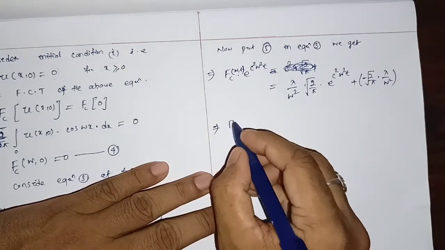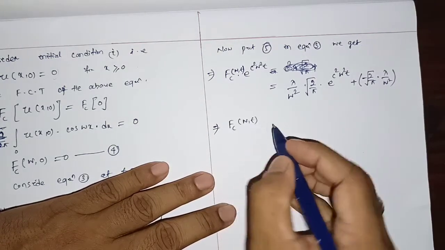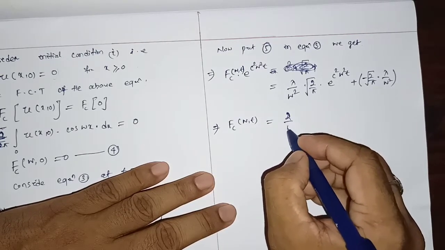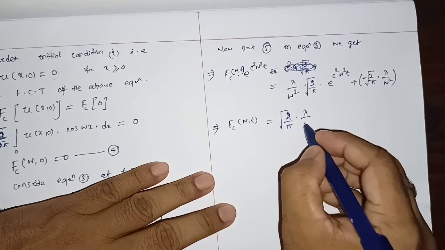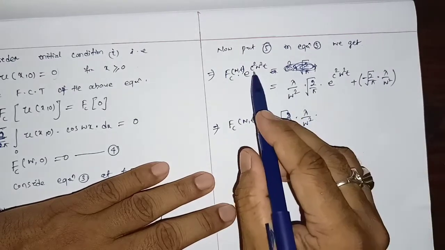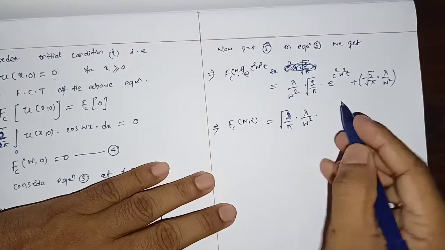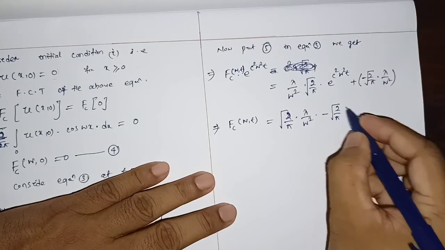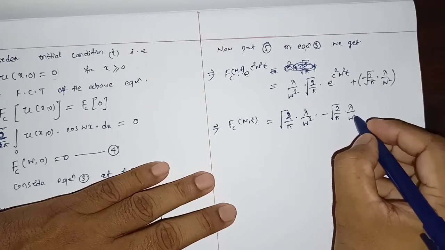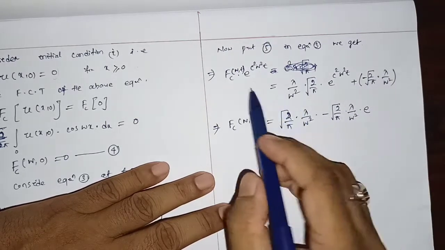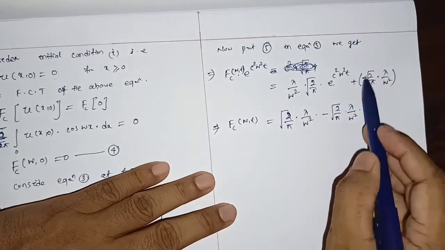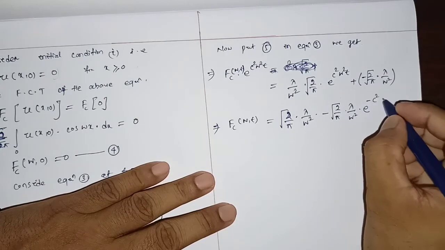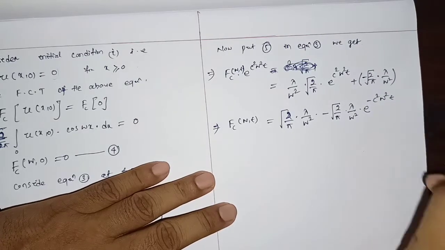So left hand side will be fc omega t equal to, you have to write first, root over 2 by pi into lambda by omega square, if I am going to divide, both will be cancelled out. Then this will be minus root over 2 by pi into lambda by omega square into e to the power, if I divide this term and take it to the numerator, it will be minus c square omega square t, right?